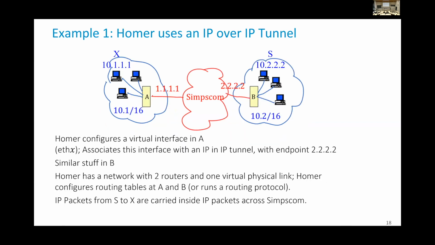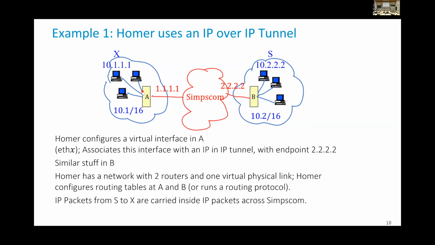The very first step in doing a virtual private network is to configure what is called a virtual interface at the router A. What is a virtual interface? It is simply the knowledge of a destination IP address 222.222 here, on which we are supposed to send every traffic that goes out of this virtual interface.